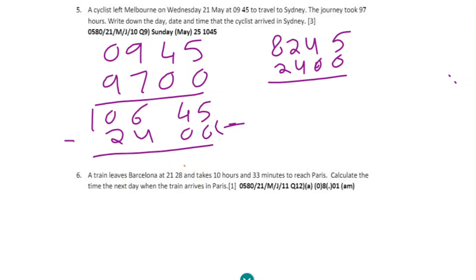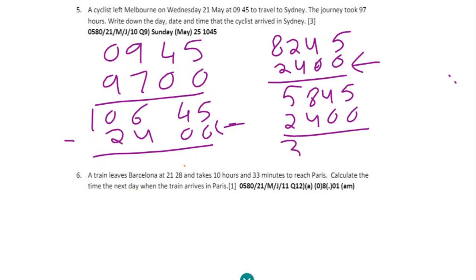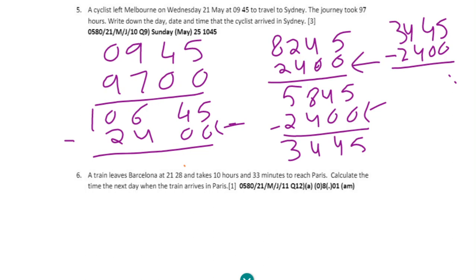Minus 24 hours, we get 58:45, and again we can subtract 24 hours from it, and we get 34:45, and again we can subtract 24 hours from it, minus 24 hours, and we get 10:45.